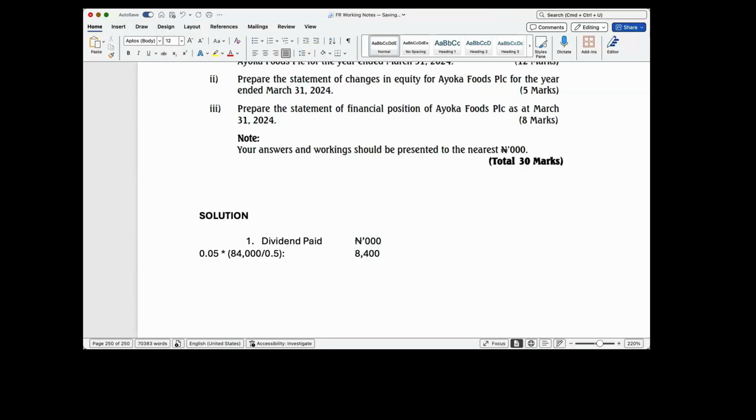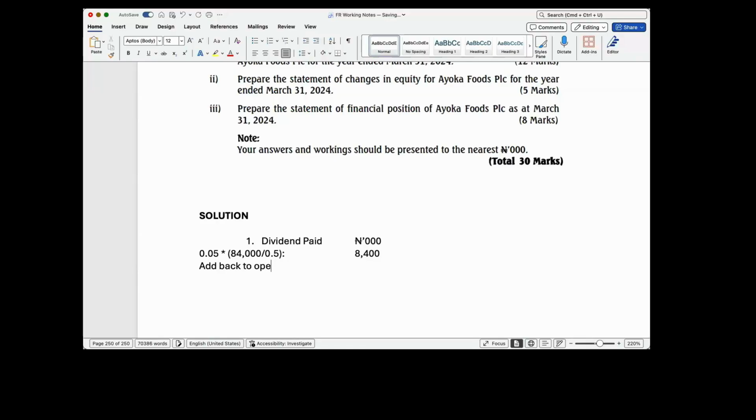So what you're going to do now is, I'm not going to do debit this, credit that. It doesn't earn you any mark in the exam. What we want you to understand is what adjustment you are making. So with this 8.4, I'm going to add back to retained earnings. They should not have deducted it from opening retained earnings in the first place.